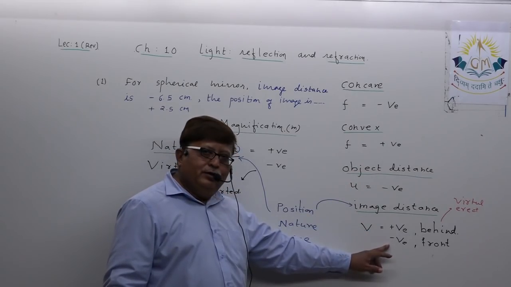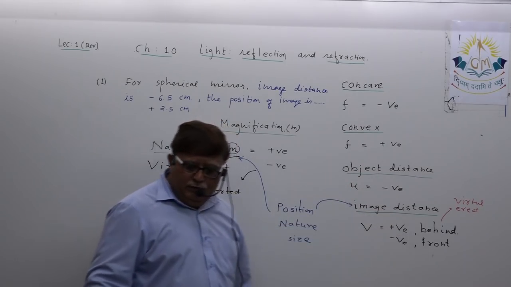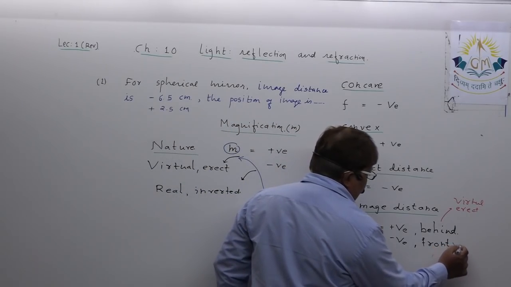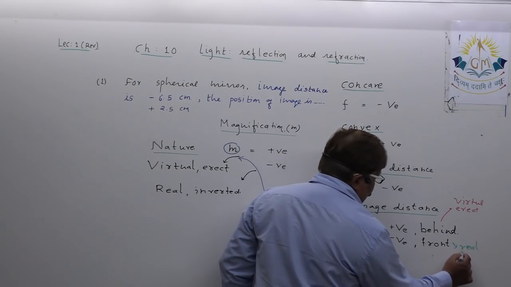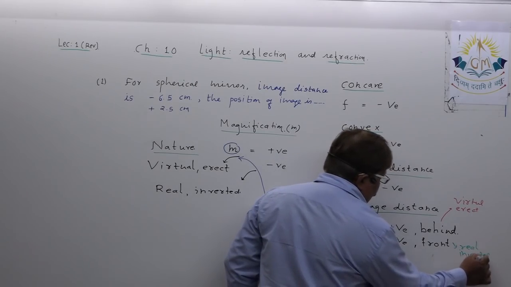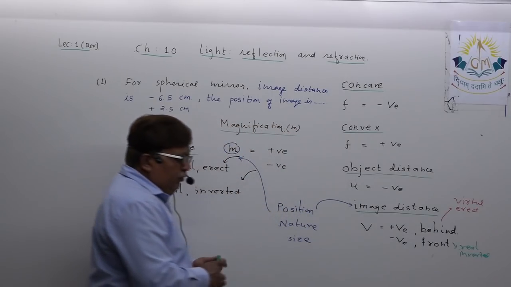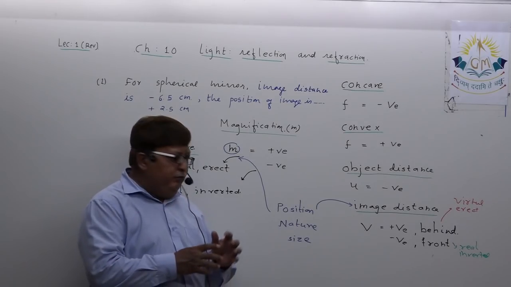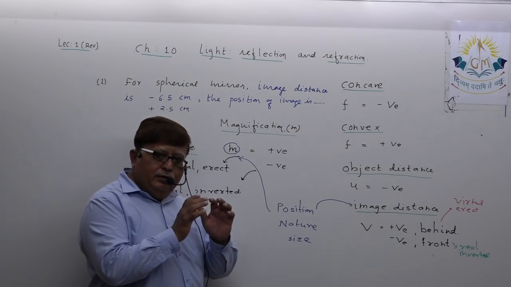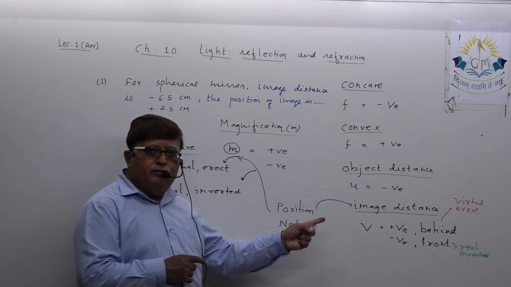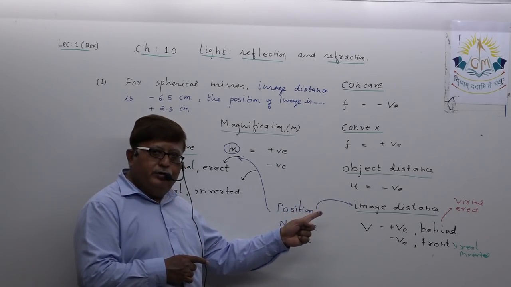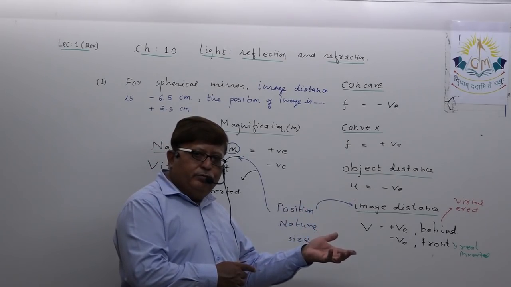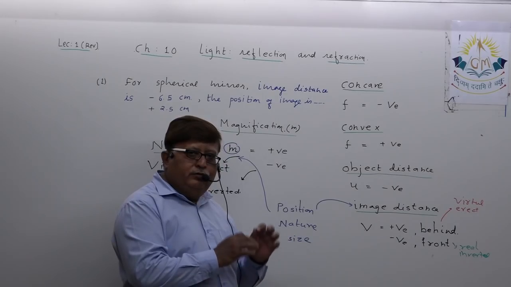And if V negative, what can you guess? Can you tell me? If V negative, then the image is real and inverted. No doubt this is one way of guessing the nature of the image just by concentrating on the value of V. V positive, image behind the mirror, because it is behind the mirror, virtual and erect.